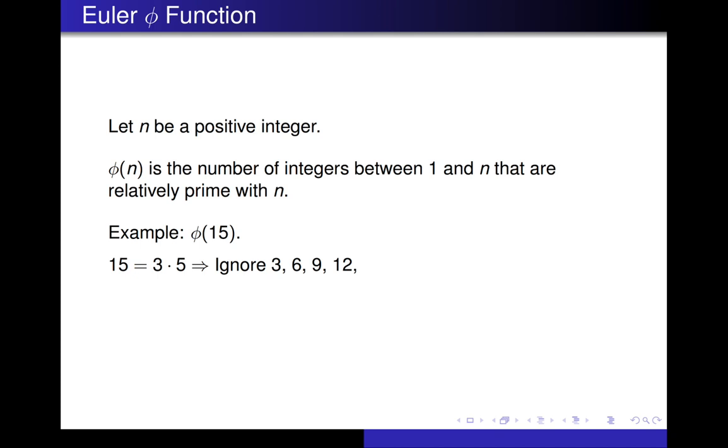We have to toss out all multiples of 5, which include 5, 10, and 15. And yes, I know that 15 is a multiple of 3 as well, but I included that one with the multiples of 5 instead. In any case, those are all the ones that aren't relatively prime with 15. And so the ones that are relatively prime are 15 minus those 7 integers, which gives us 8.